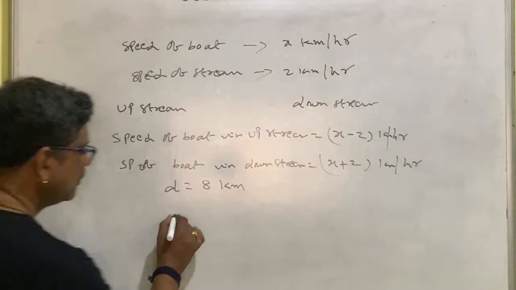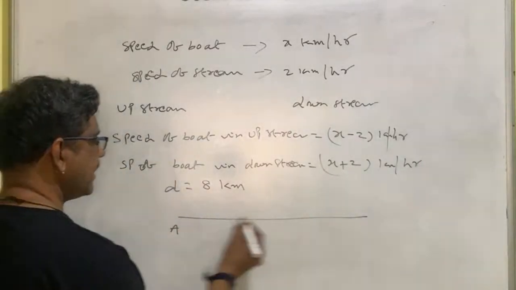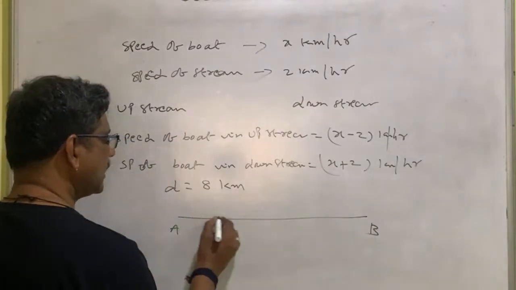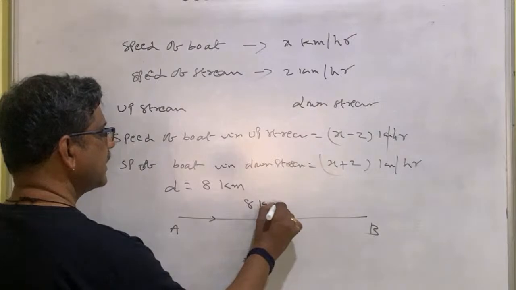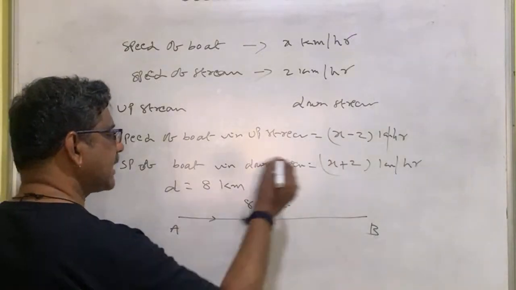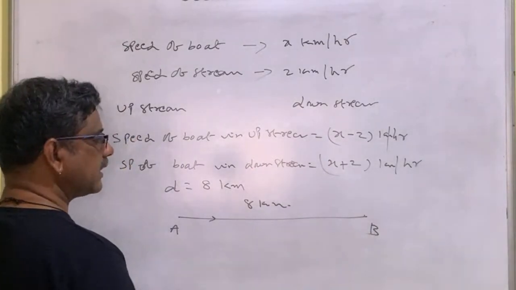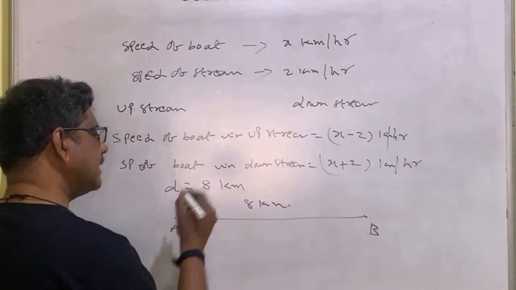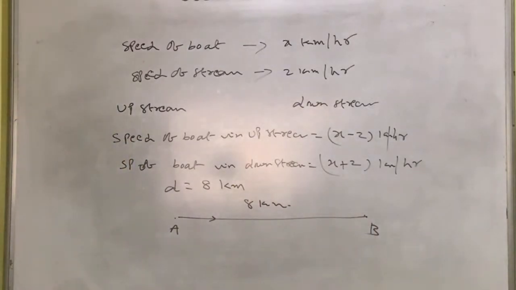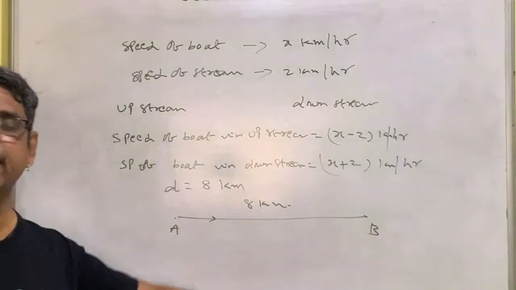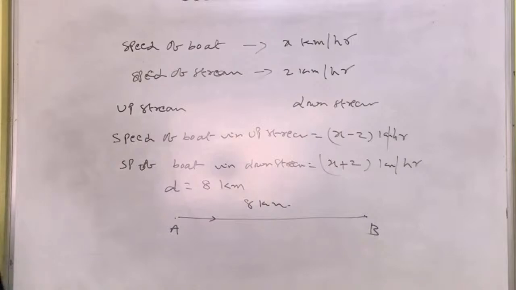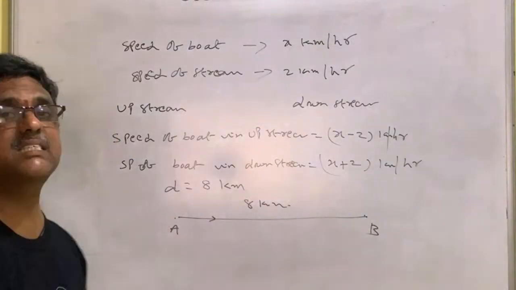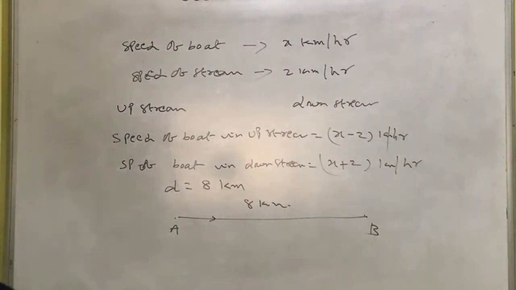Suppose there are points A and B, and water flows from A to B, with 8 kilometers between them. Traveling from A to B is downstream, traveling from B to A is upstream. Okay?